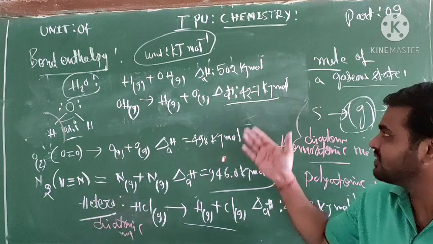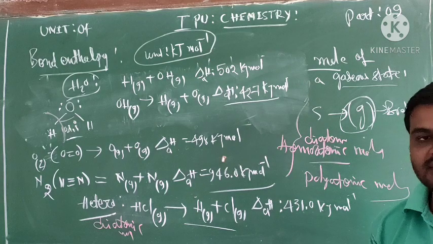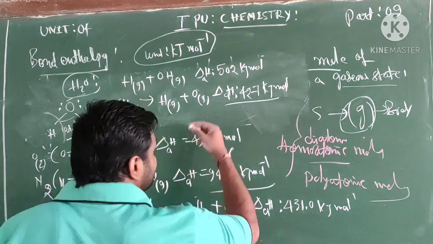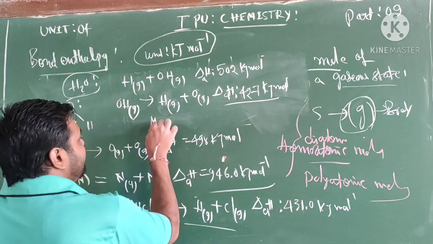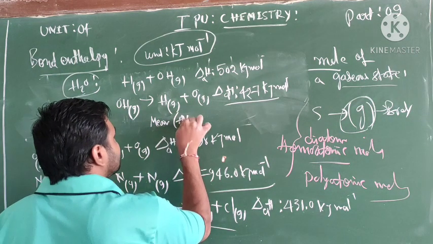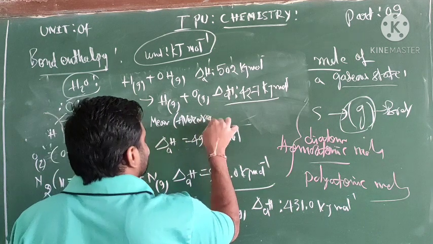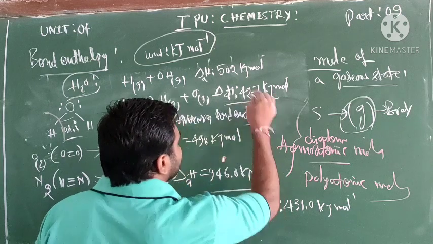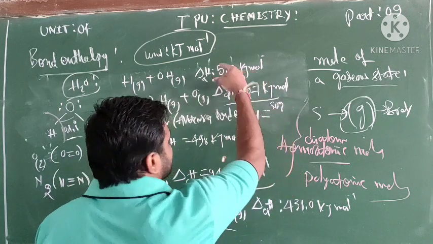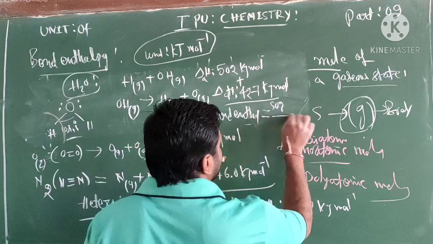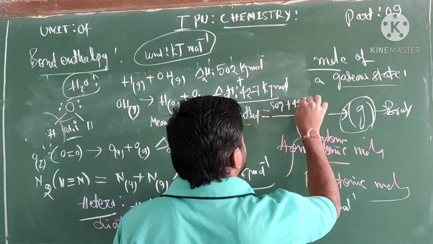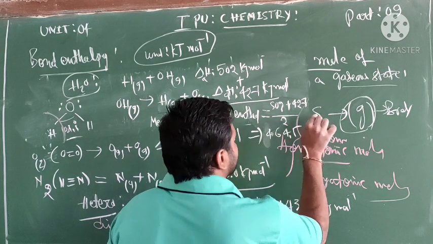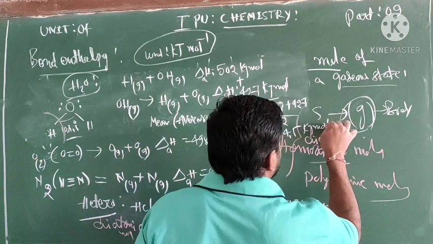So how do you calculate the bond enthalpy of water, since these two are different values? In this case, we consider average values, the mean bond enthalpy, in the case of polyatomic molecules. 502 plus 427 divided by 2 gives 464.5 kilojoules per mole.